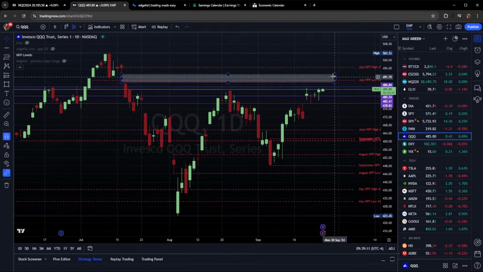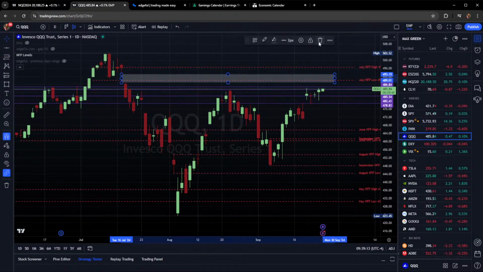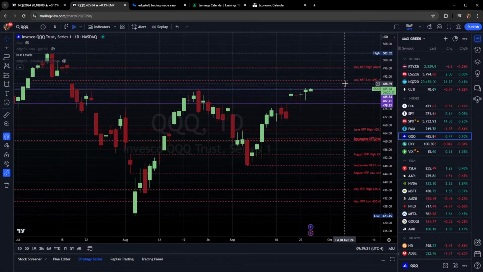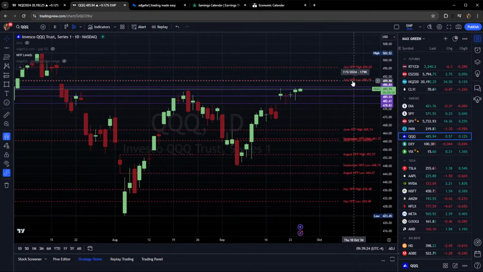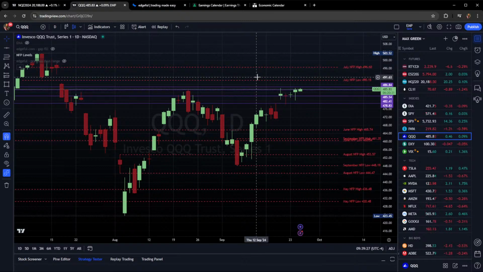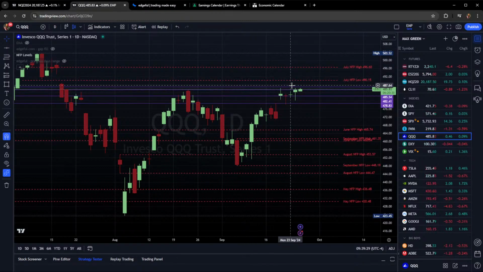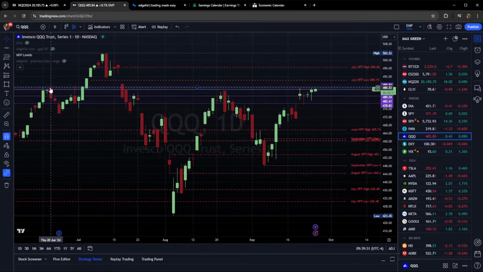So we'll watch that. But these NFP levels, and if you guys have listened to us on Spaces, we've talked about NFP levels a lot. Upper targets on QQQ: this 490 area and 496. Those would be the two upper targets. I've got this high right here, you see 1, 2, 3 touches on this high going all the way across.